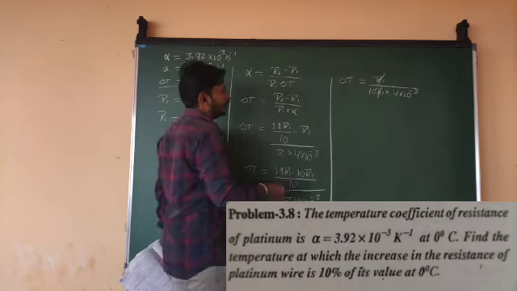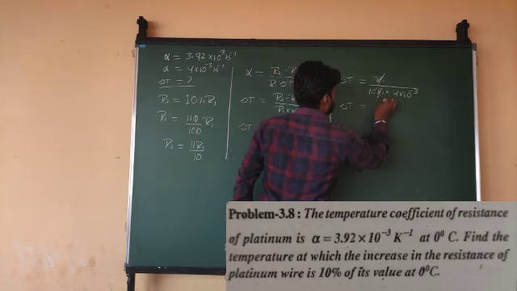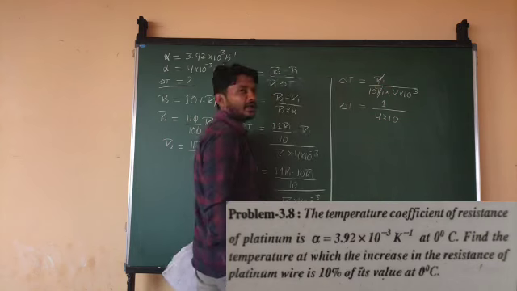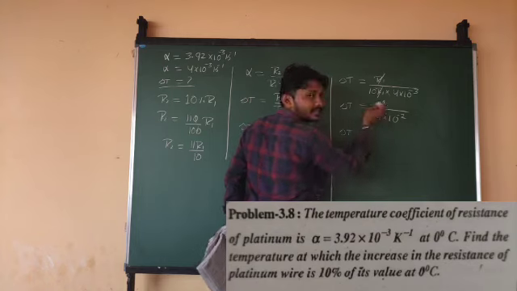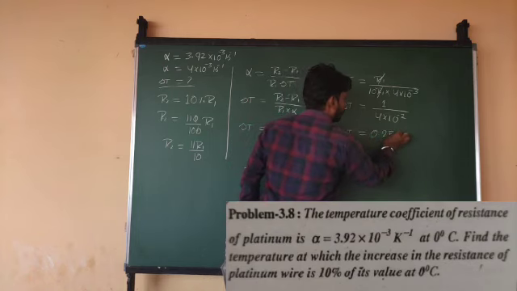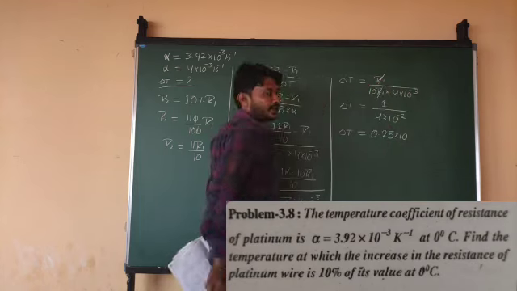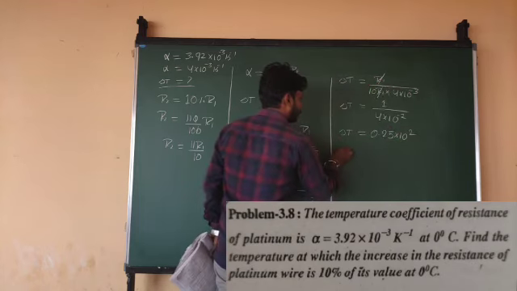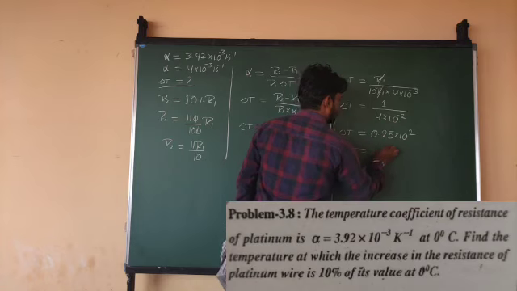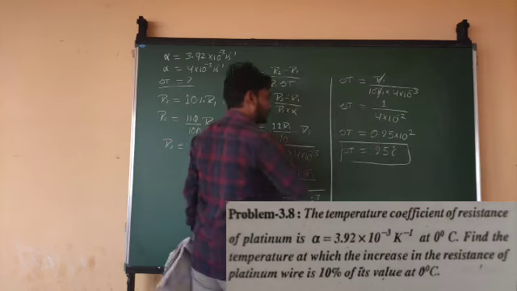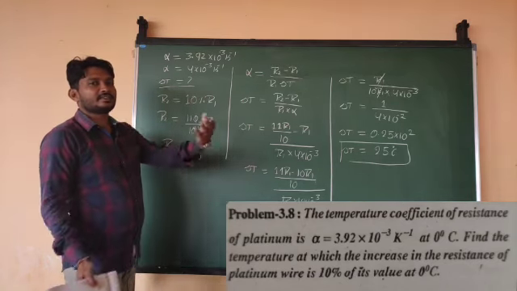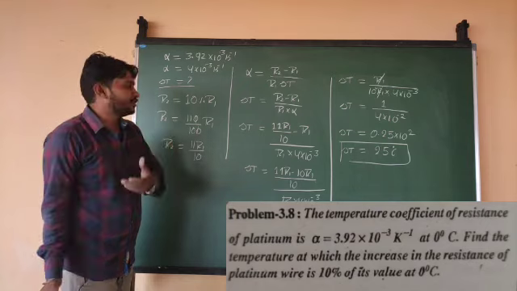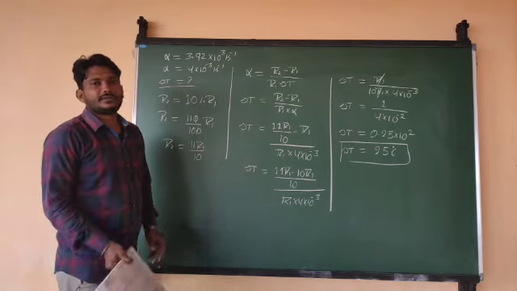The R1 term gets cancelled out. Delta T is equal to 1 divided by 4 into 10 to the power of minus 3 and 10 to the power of 1, so minus 2. 1 by 4 is 0.25 into 10 to the power of 2, so delta T is 25 degrees Celsius. If you heat up the wire by 25 degrees Celsius, then the resistance becomes 10 percent more than the original value. So this is about temperature coefficient of resistance.